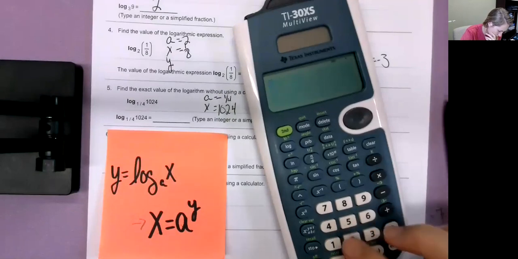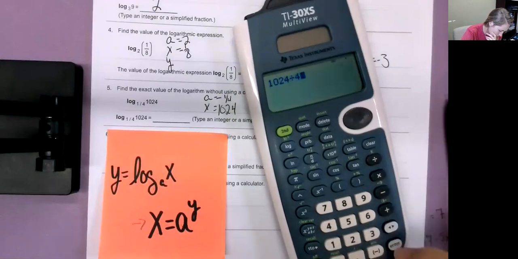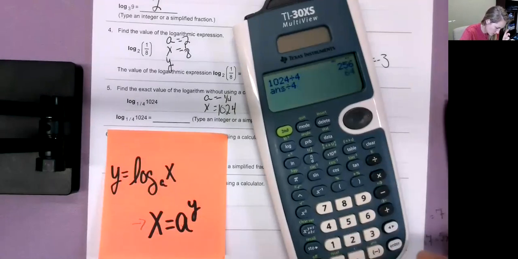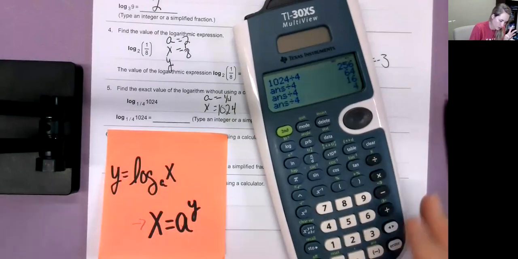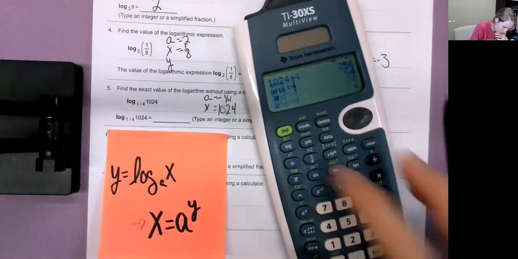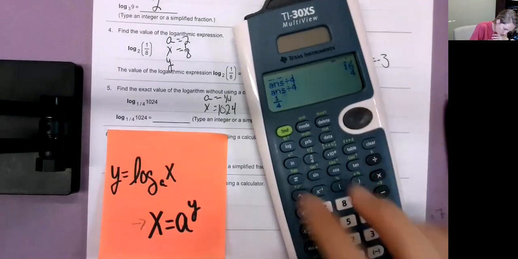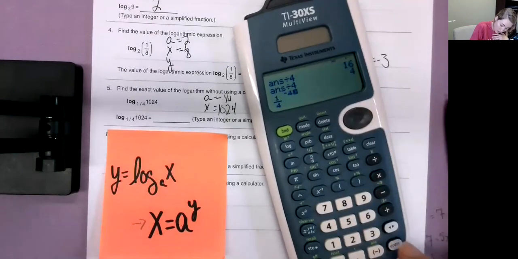So let's do divided by 4. Once, twice, 3 times, 4 times. So it's 4 times, and then we'd have that negative, and the negative is what's going to put it on the bottom. So let's go ahead and check that. So we have 1/4 raised to the negative 4.